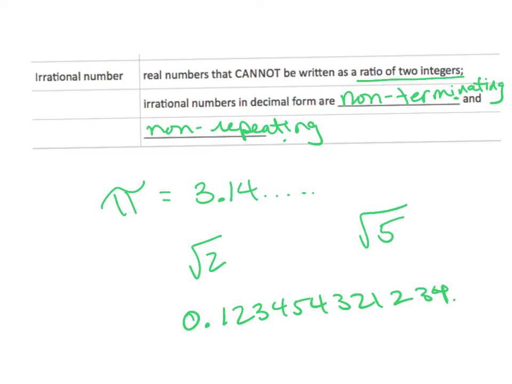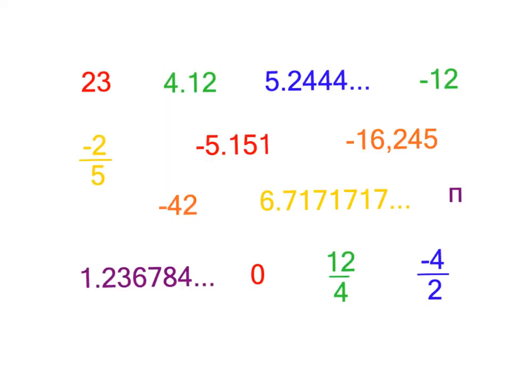There's a pattern to it, but it does not repeat, so it keeps on going. These are irrational numbers. So if I gave you a list of numbers, you would have to be able to tell me where you would put them.